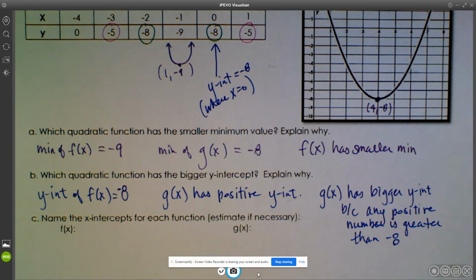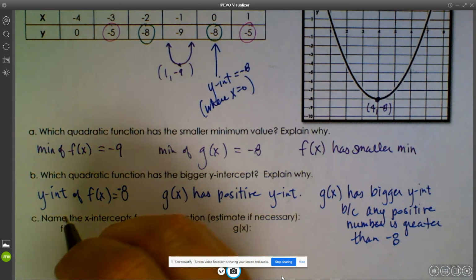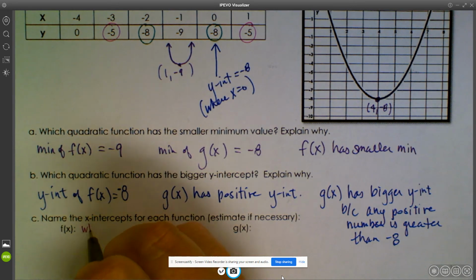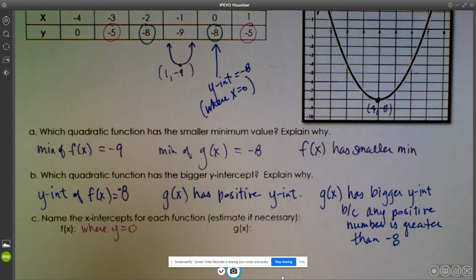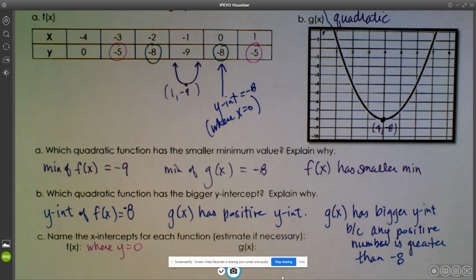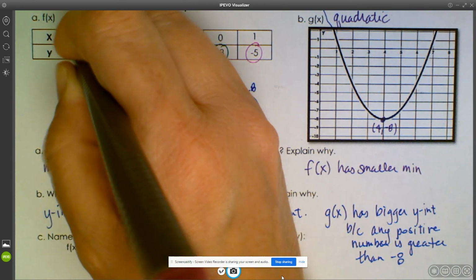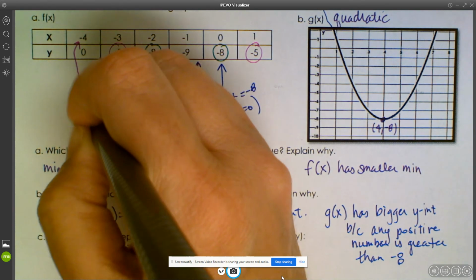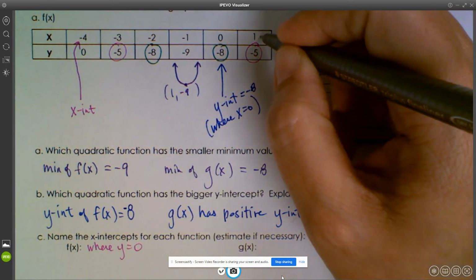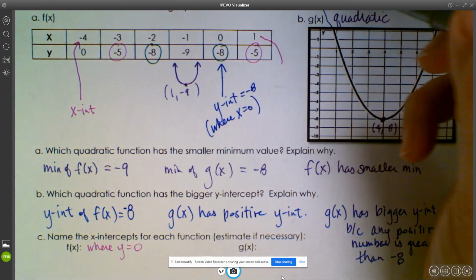All right, and now we have to name the x-intercepts for each function. Well, for f of x, look where y equals 0. So that is here. That's an x-intercept. And, oh, wait a second now.